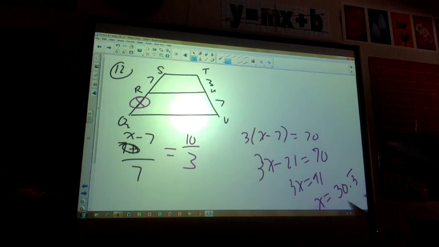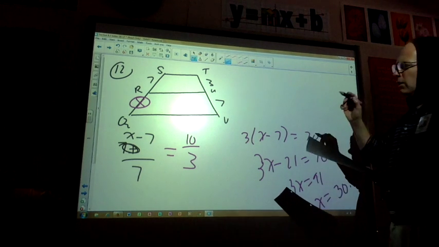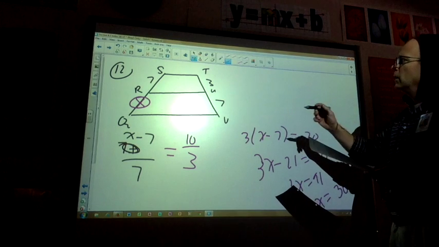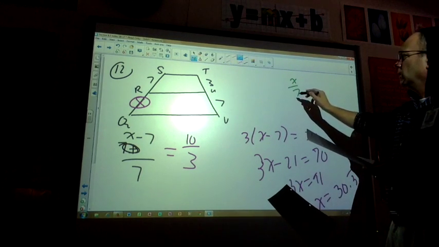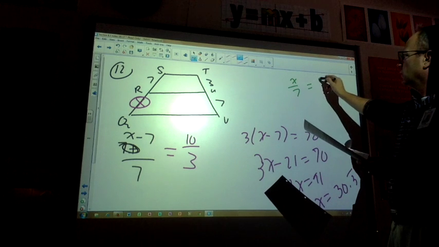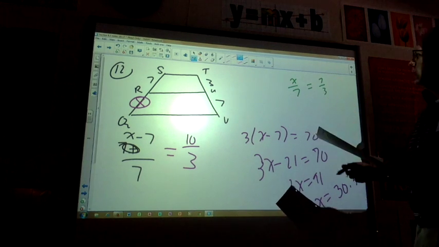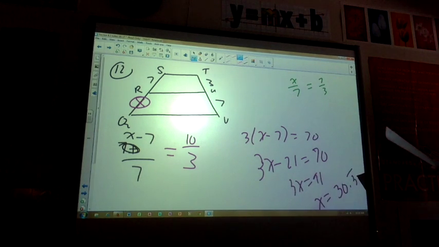Say that one more time. Okay, so I got x over 7 equals 7 over 3. And then I cross multiplied and got 3x equals 49, and then divided by 3.